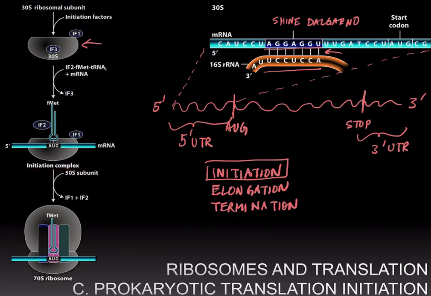At this point, the large subunit binds, and initiation factor 1 and initiation factor 2 are released, resulting in a complete 70S ribosome with the methionine in the peptidyl site, the P site, base paired with the AUG start codon.